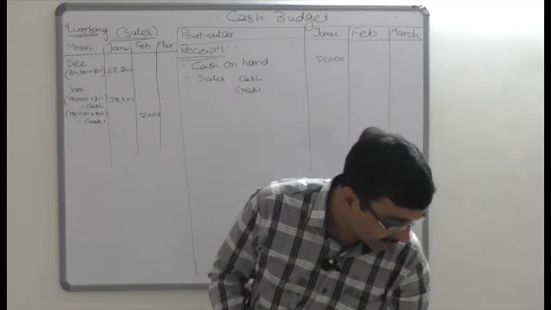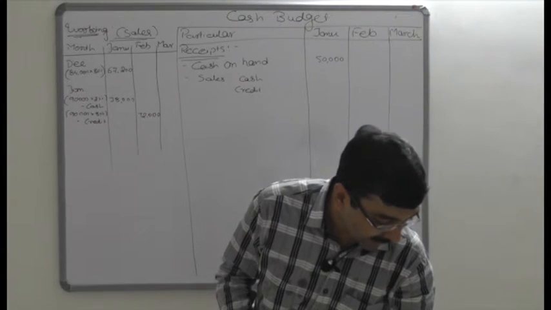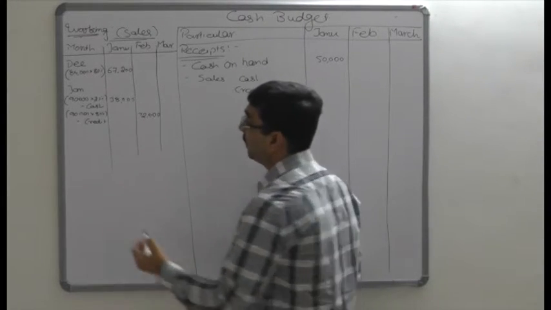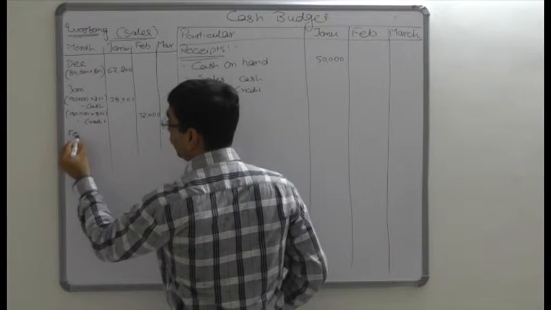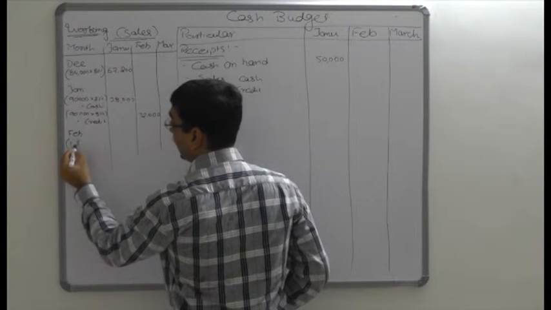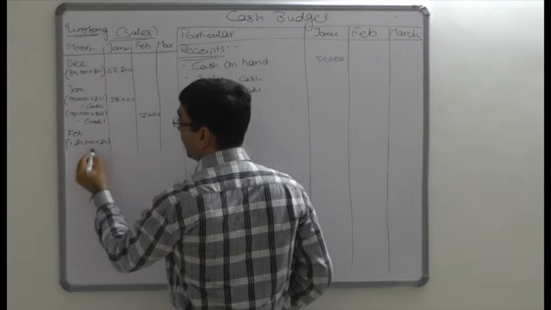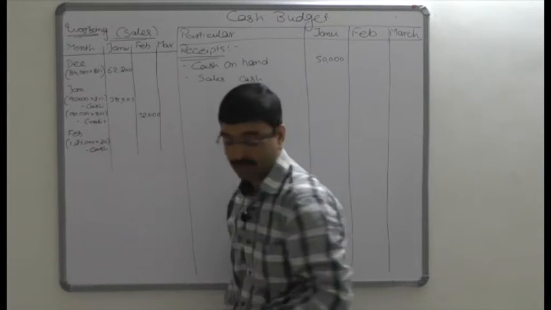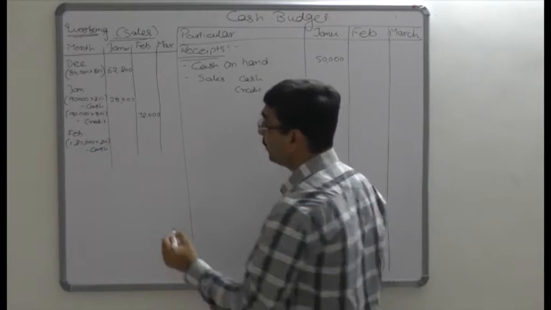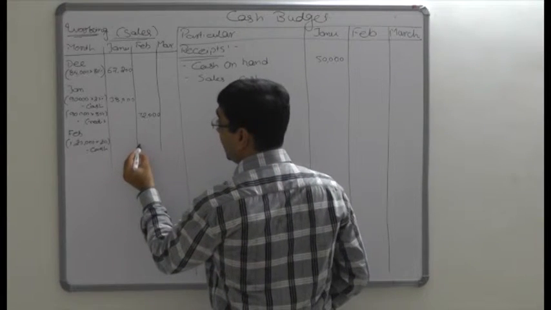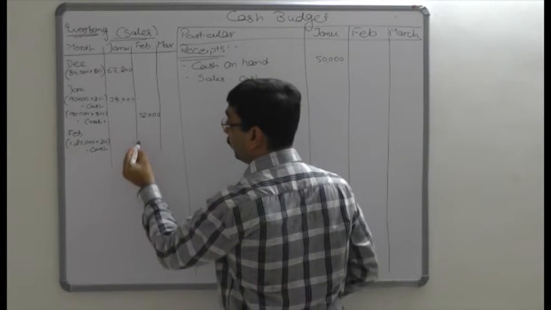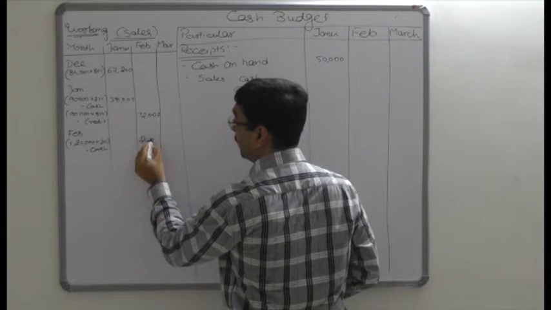Moving to the next sales, that is 1,20,000 rupees sales in the month of February. So February sales is 1,20,000 rupees. Again the same 20% we need to identify as cash sales. So 1,20,000 into 20% is cash sales, and cash sales occurring in the month of February are received in the same month.